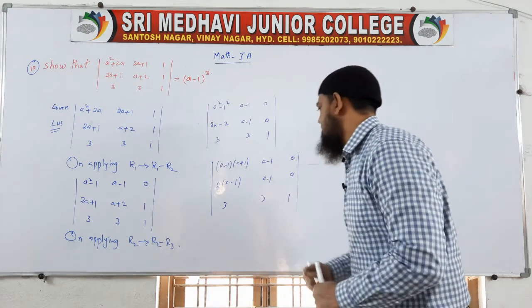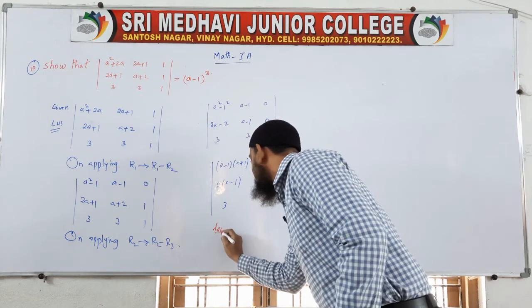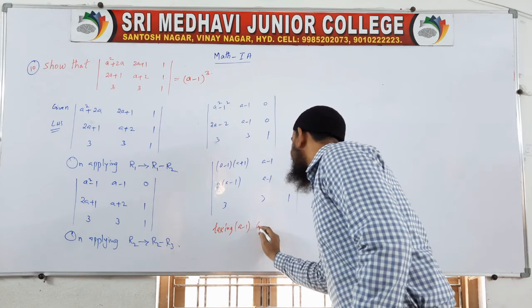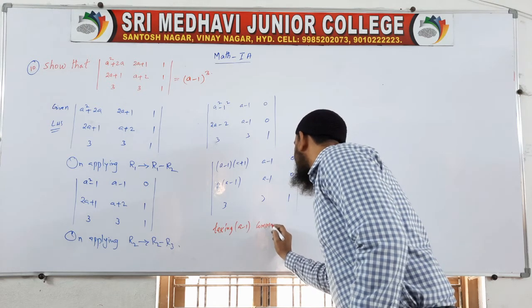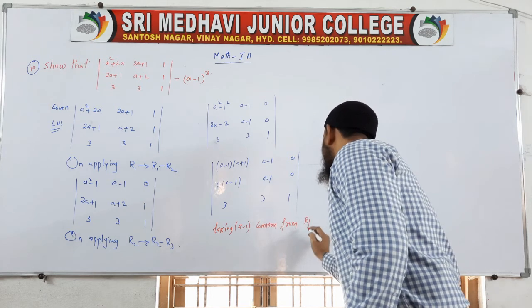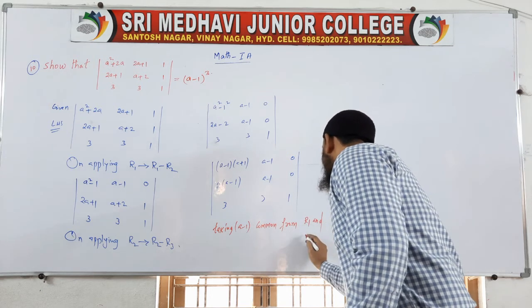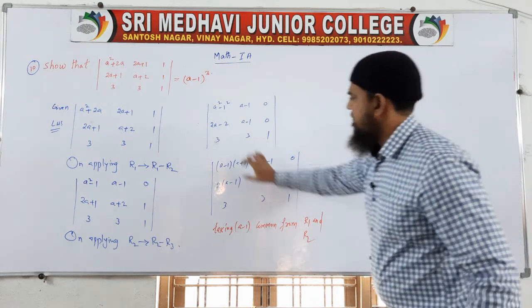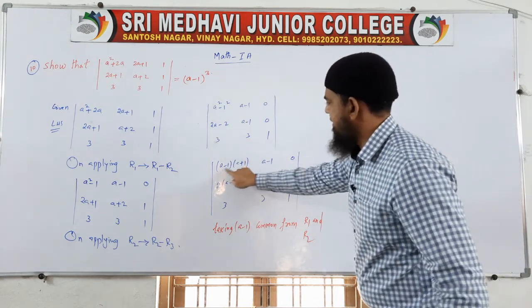Taking a minus 1 common from R1 and R2. You check it. From R1 also we can take a minus 1 common.